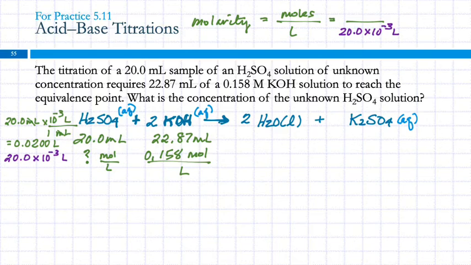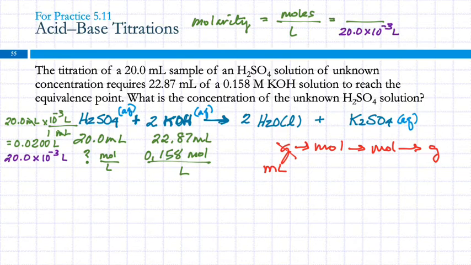The stoichiometry, right? So we know that we're going to have 1 mole of sulfuric acid for every 2 moles of hydroxide. We know the volume and the concentration of the hydroxide. So essentially this is grams to moles to moles to grams, but instead of grams, we have a volume.